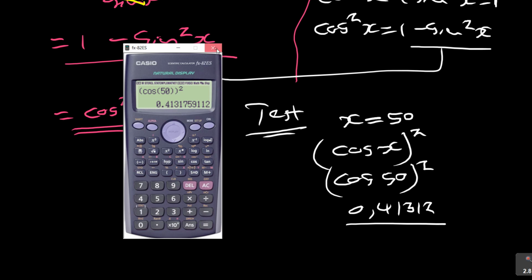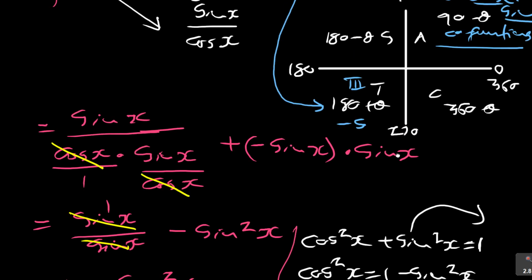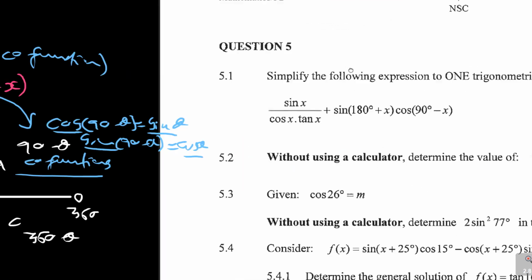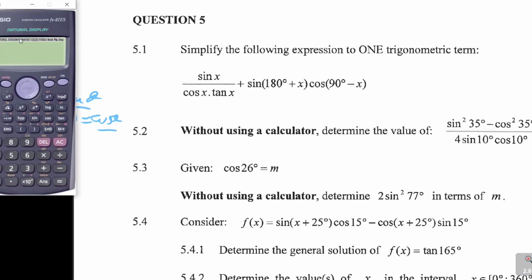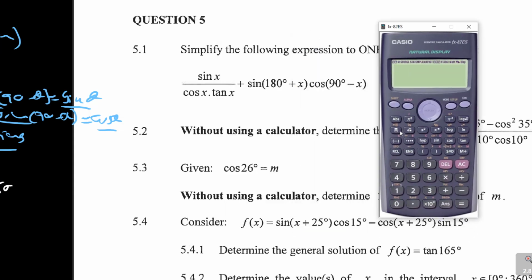Let's check now the original. Let's go back to the original here. We are going to use cos 50 in the original. So I have here sine 50 close over cos 50 times tan 50, right?